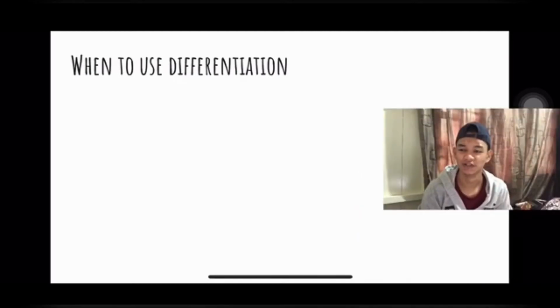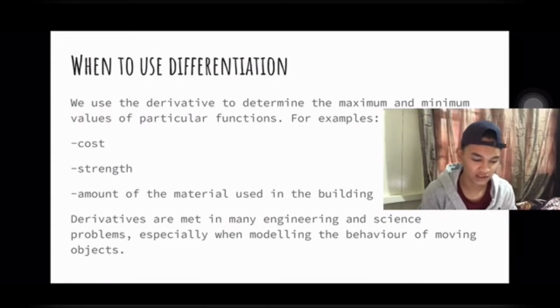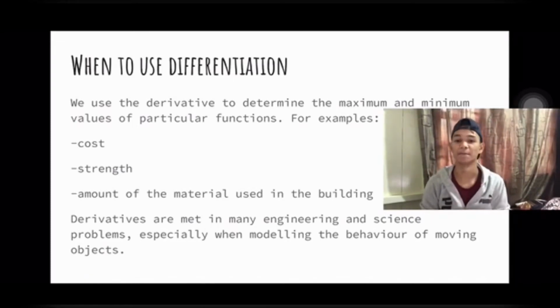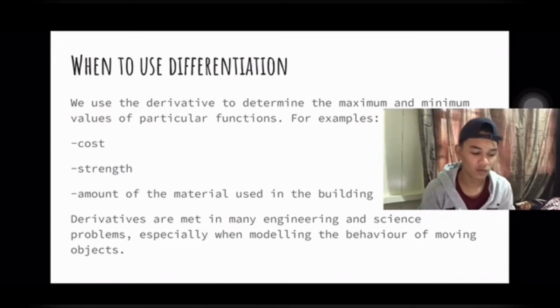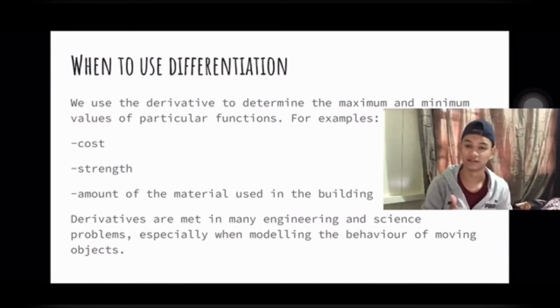When to use differentiation? We use differentiation to determine the maximum and minimum value of a particular function. For example, first, cost. An accountant uses differentiation to find their company profit.